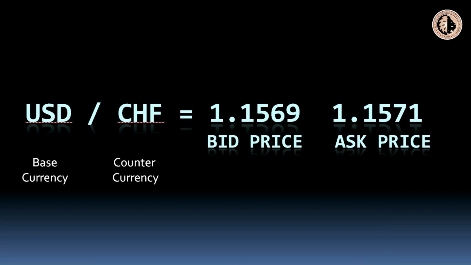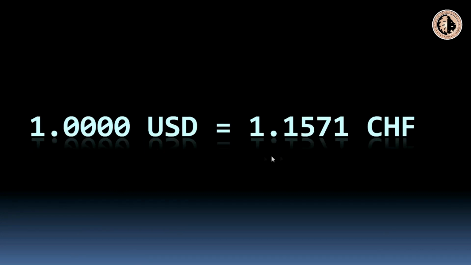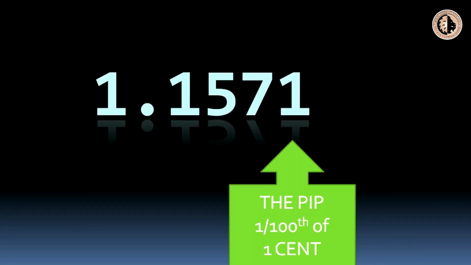Now what does this mean in real terms? It means that for $1 of USD, if you're buying from a dealer, $1 gets you 1.1571 Swiss francs. We will look at the price again.